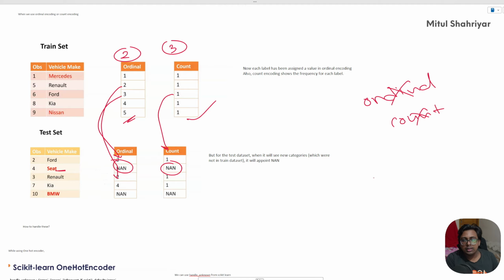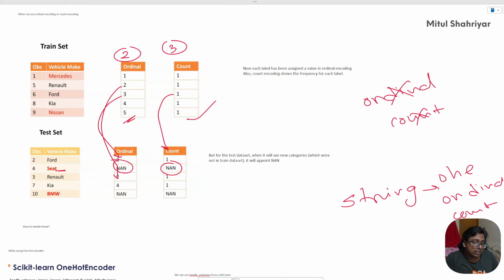So, what we have learned is if we have any string, we have to use one-hot encoding or ordinal encoding or count. We generally use any of these. In case the whole column has strings, that is what we mean, or a categorical variable, it means it has strings, and so we can use one-hot encoding or ordinal encoding or count, no problem.